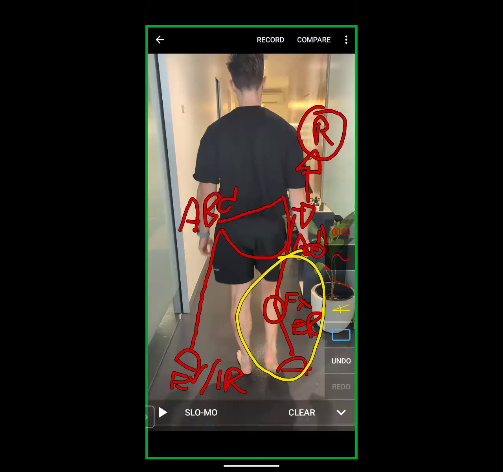What else can I say of interest? He actually had a bit of a torsion through his pelvis. He was rotated to the right. However, he had more of a posterior tilted right ilium and an anterior tilted left ilium.